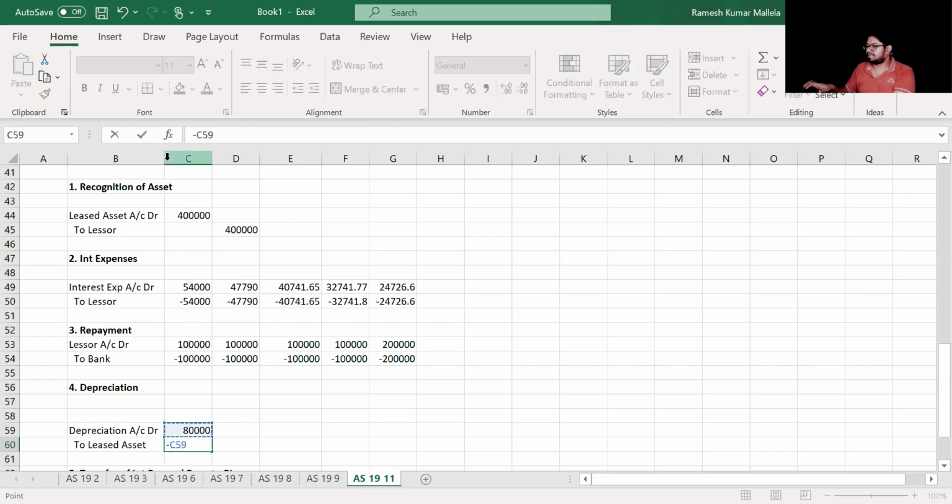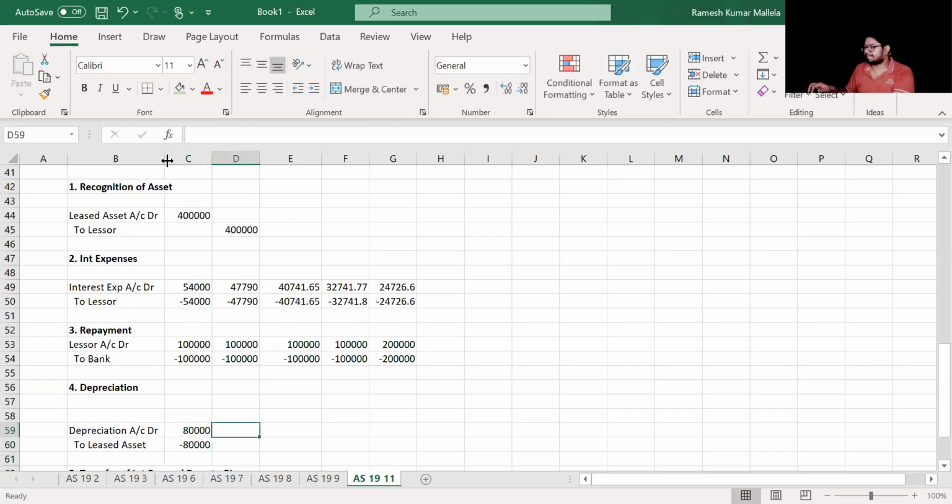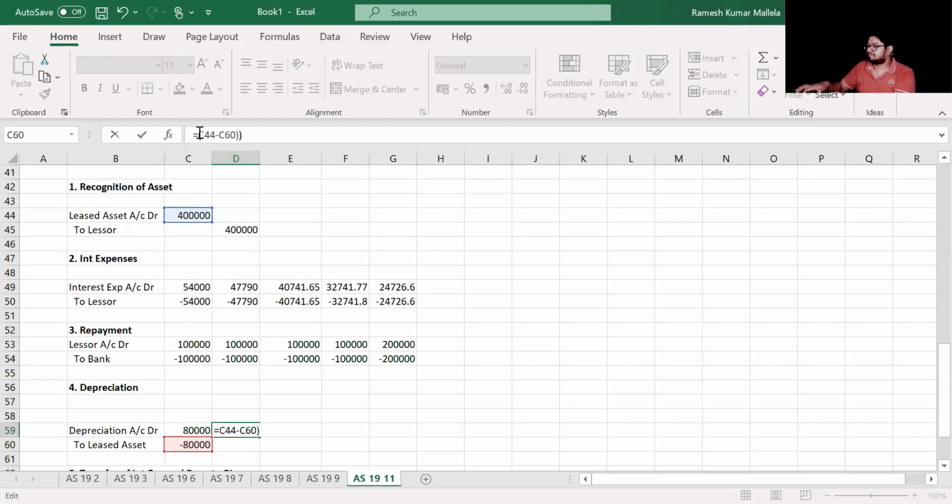Minus this. So the second year is going to be 4 lakhs minus this value into 0.2.